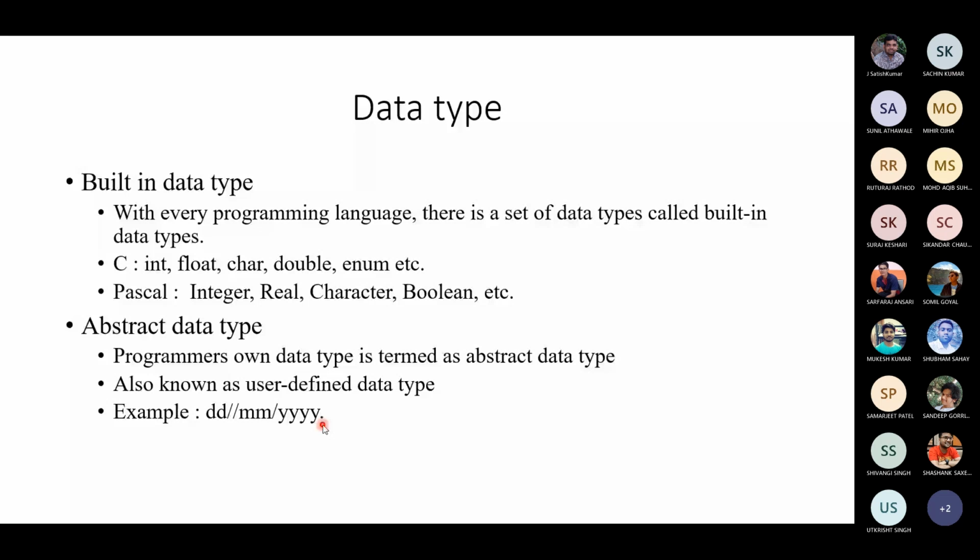That is possible. That's what we call an abstract data type. Is it clear up to this point, whatever I'm trying to communicate? Yes, sir. Okay, so if you have any doubts, please stop me. We'll discuss at that point.